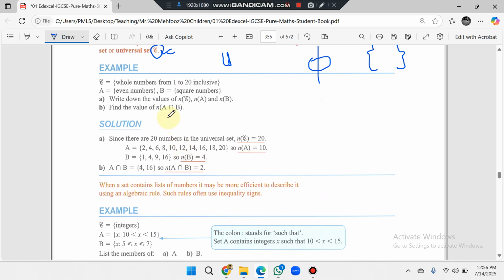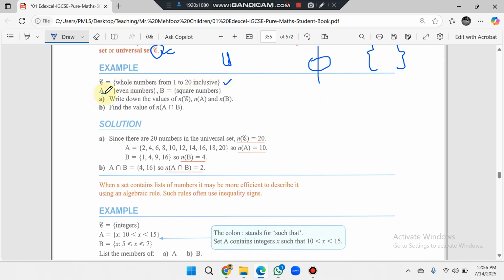In this example, you can see that the universal set is given as all whole numbers from 1 to 20 inclusive. It means 1, 2, 3, 4, and so on till 20. This is called the universal set. The universal set is the set which includes all numbers, right?